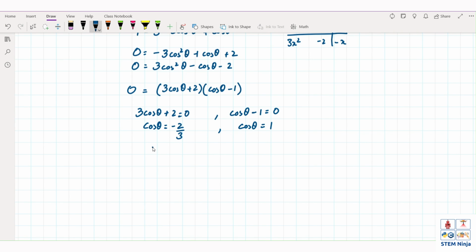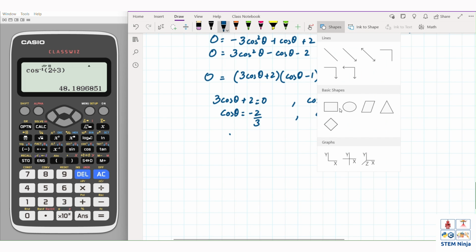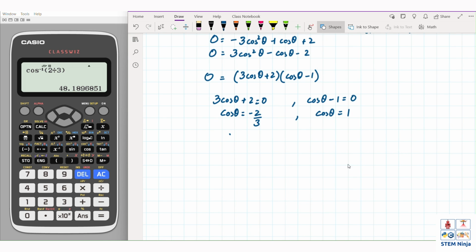Now, for this one, let's use the calculator and see what answers we get. Okay, so cos inverse of -2 divided by 3, we get 131. Actually, what we can do is use the positive and use the cos diagram for this. Since cosine is negative in the second quadrant and in the third quadrant, this 48.1 or 48.2 is over here.